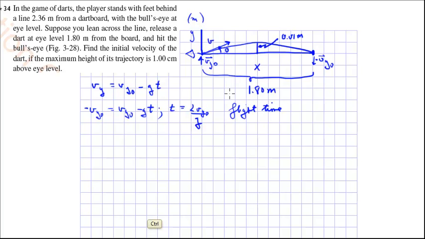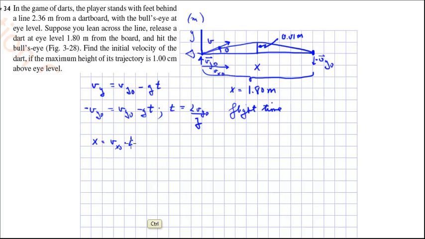Alright, the other thing I know is what x is. That's the range. And x is going to be equal to Vx naught times this t, the same time of flight that I have here. And if this is Vy naught, the Vx naught corresponding to it would be something like this. That's not going to change. There's no acceleration in the horizontal direction.